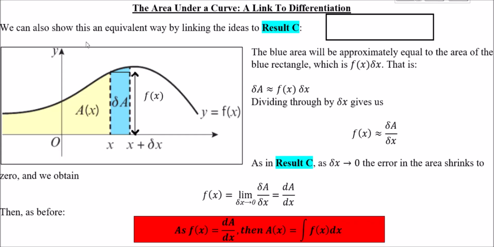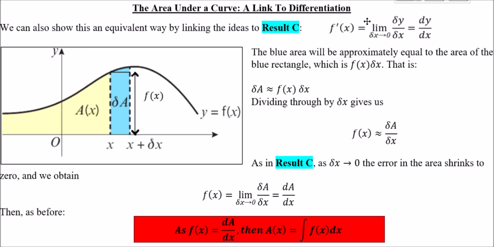Just thinking over it in a different way, I want you to think about result C from before. Now, if you weren't sure what result C was, I'm going to remind you. Here it is. It's this result here. So instead of using h, imagine it in terms of delta functions. So if you think about this blue rectangle here, in terms of x and x plus delta x, the width of this rectangle is going to be this width here, which is delta x, and the height will be f of x.